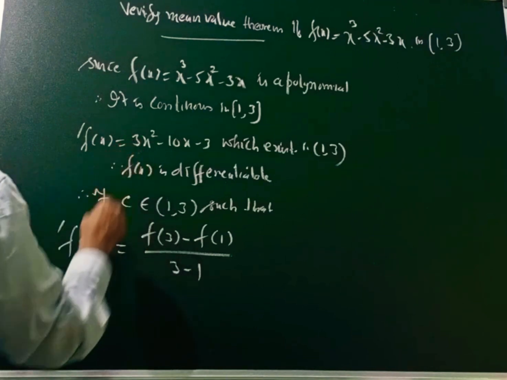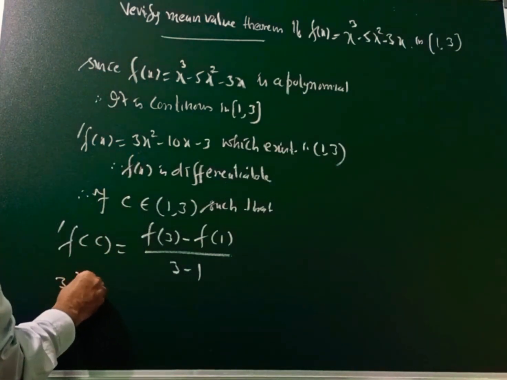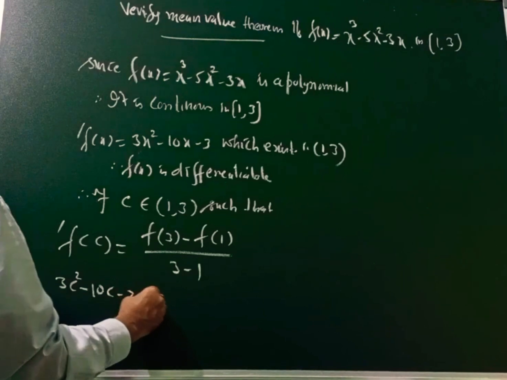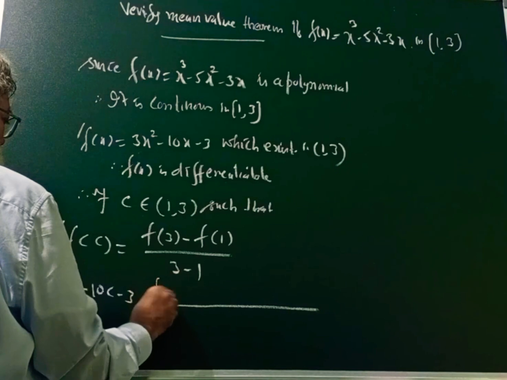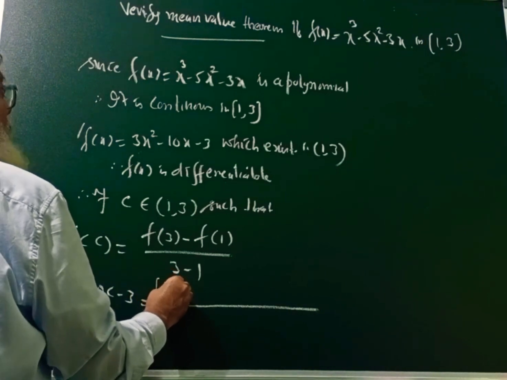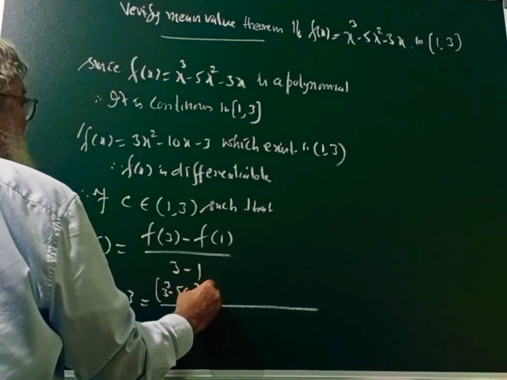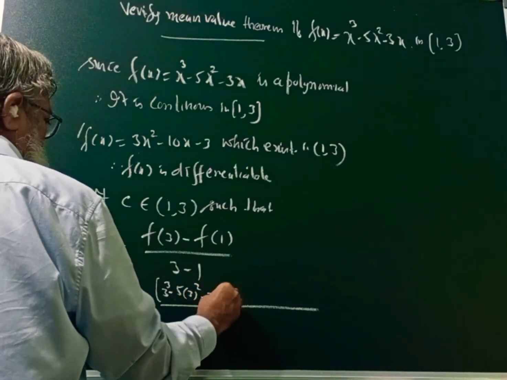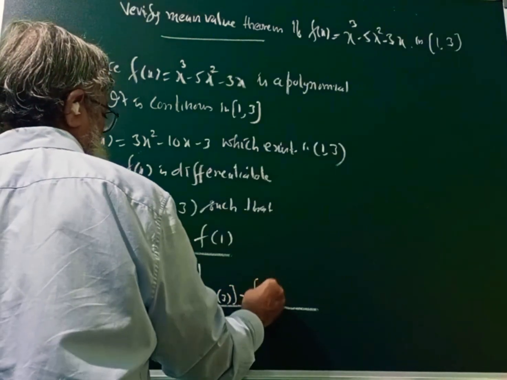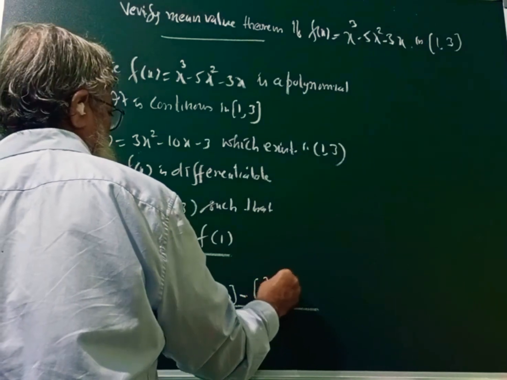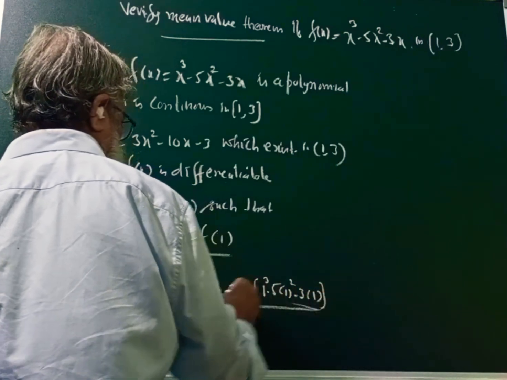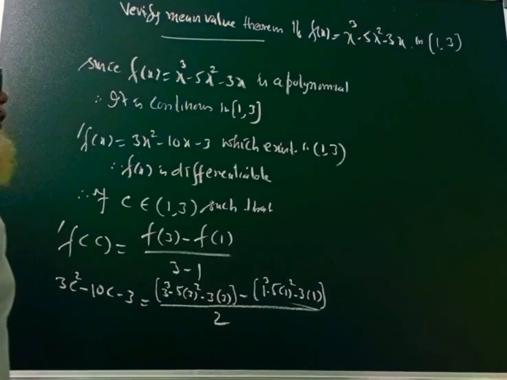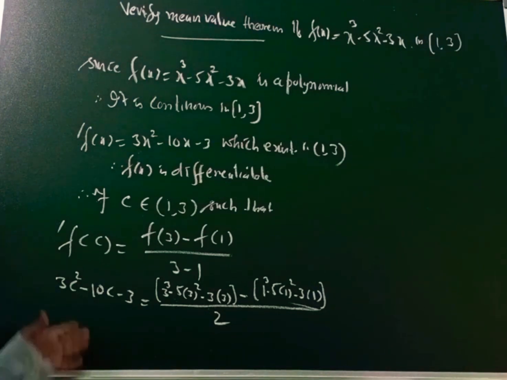Let us substitute the value. 3c square minus 10c minus 3 is equal to f of 3, that is 3 cube minus 5 into 3 square minus 3 into 3, minus f of 1, that is 1 cube minus 5 into 1 square minus 3 into 1, divided by 2. We have to simplify and show that c belongs to the interval. Let us simplify.